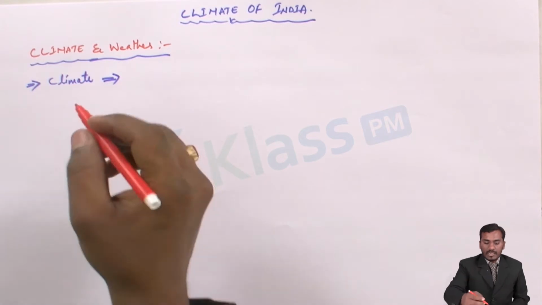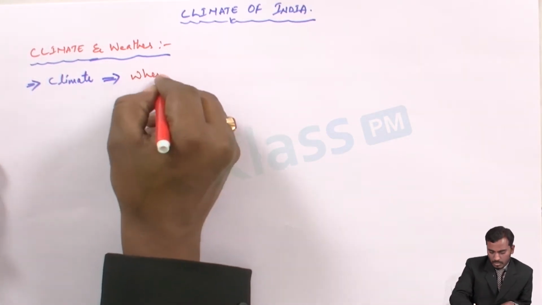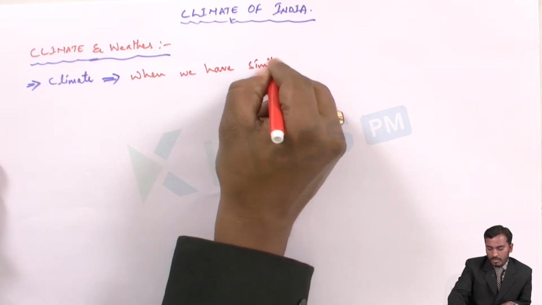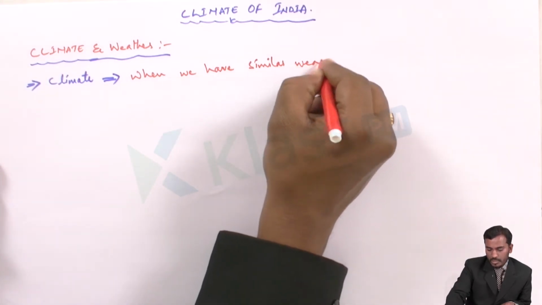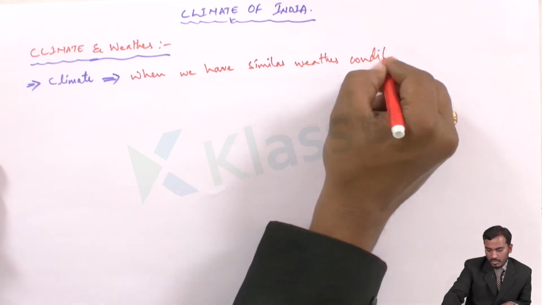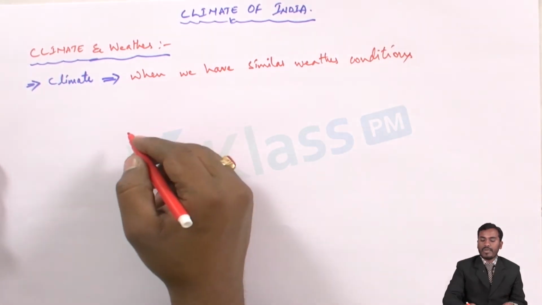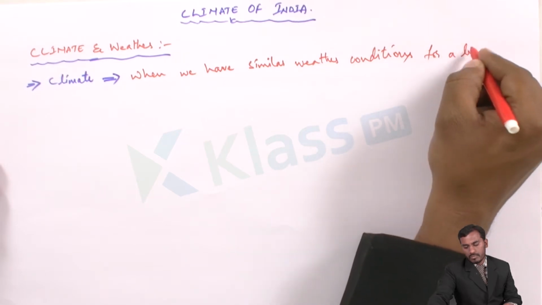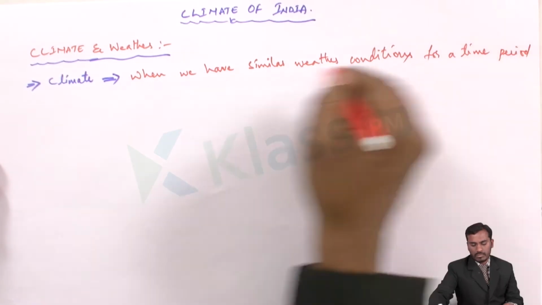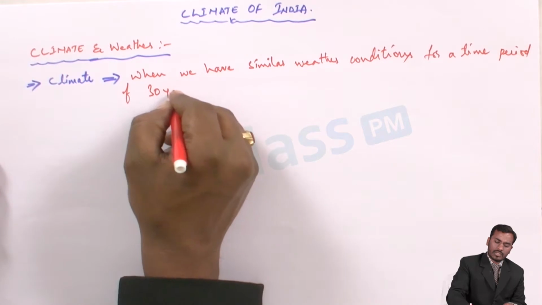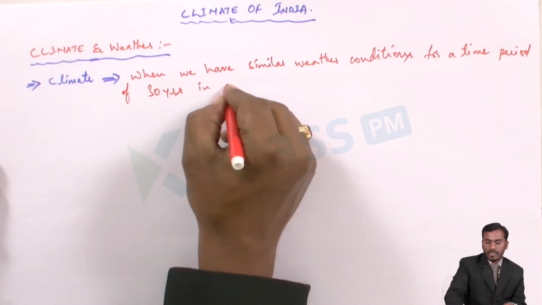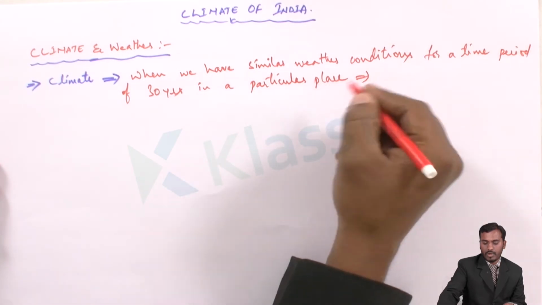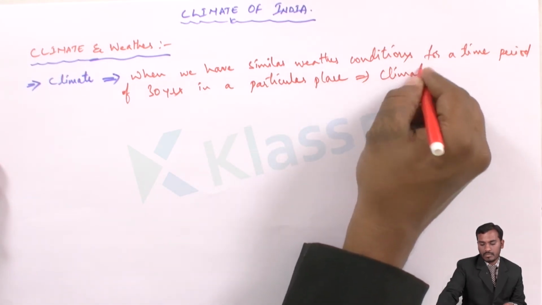A climate is when we have similar weather conditions for a time period of 30 years in a particular place, that we call climate.